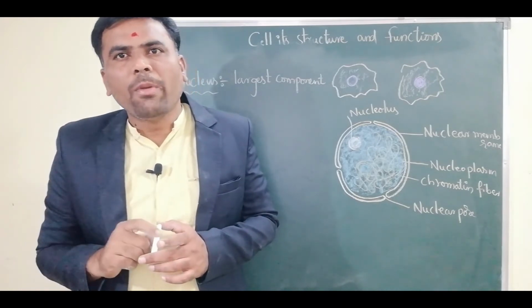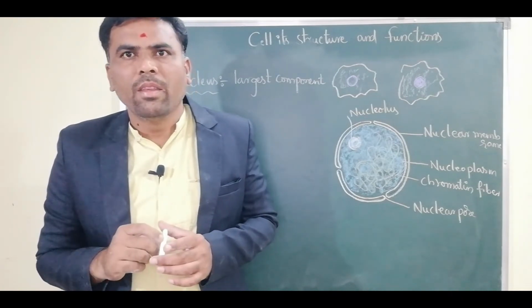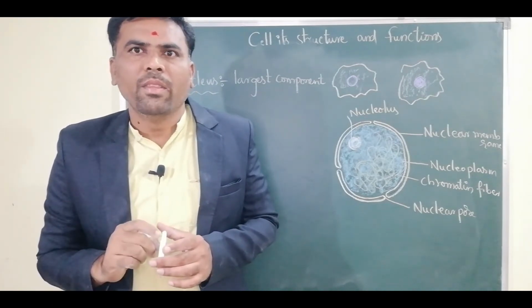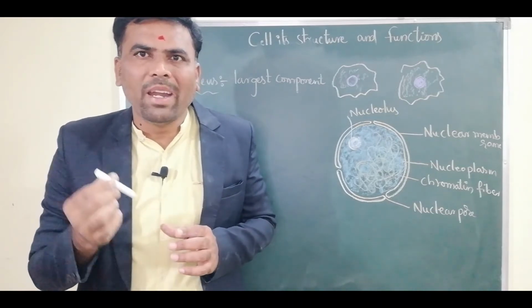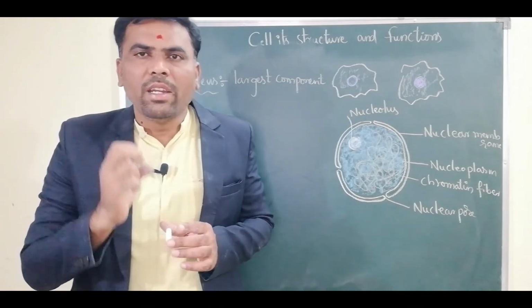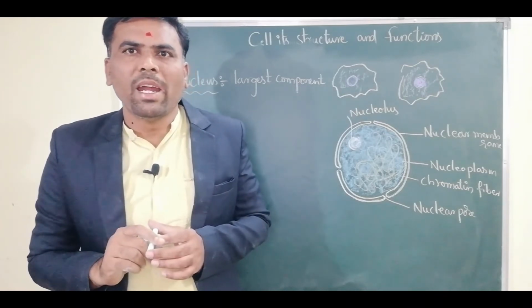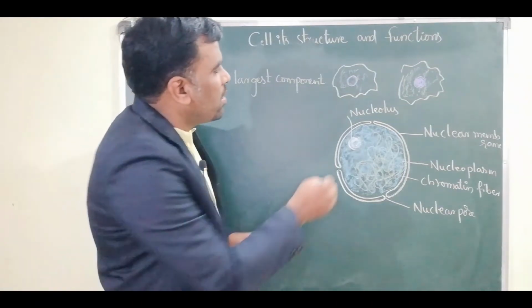Leave it for a couple of minutes. Then add glycerin to avoid drying. Cover it with a cover slip and press it with the help of a blunt needle. If there is an extra amount of stain, remove it using blotting paper. Observe it under the microscope, and you will see the nucleus.